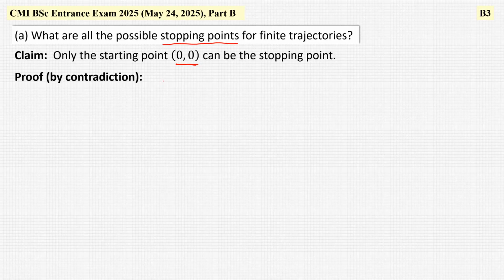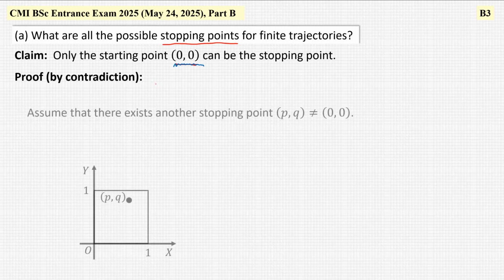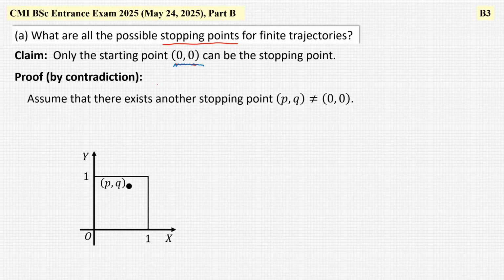Let's prove this by the method of proof by contradiction. We have already seen the case where (0, 0) can be the stopping point, so all we have to do is to prove that any points other than (0, 0) cannot be the stopping point. In that sense, let us assume that there exists another stopping point (P, Q), which is not the origin.